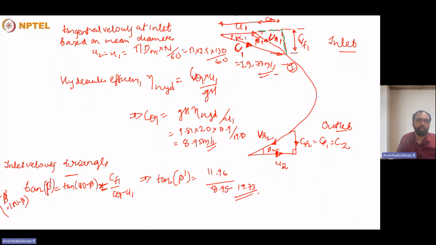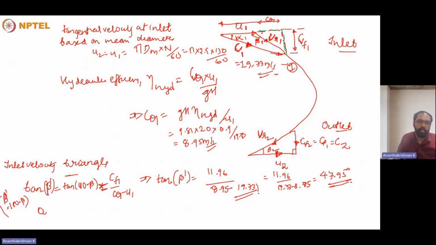So this is one method by which we can cross verify whether the triangle which we have drawn is right or not. So using this, we can write 11.96 divided by 19.73 minus 8.95. So that will be coming around 47.95 degree. So the corresponding angle will be 47.95 degree at the inlet blade.